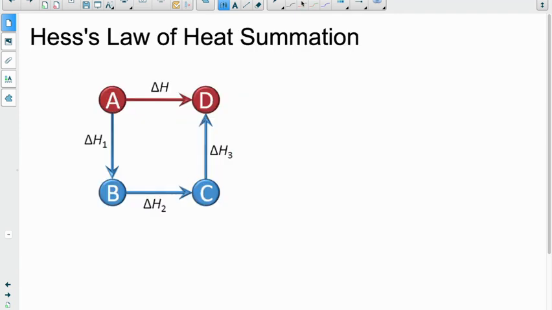All right. How do we find lattice enthalpy? Now, lattice enthalpy is very difficult to determine directly because of the number of ions in a lattice. So we use Hess's law of heat summation.